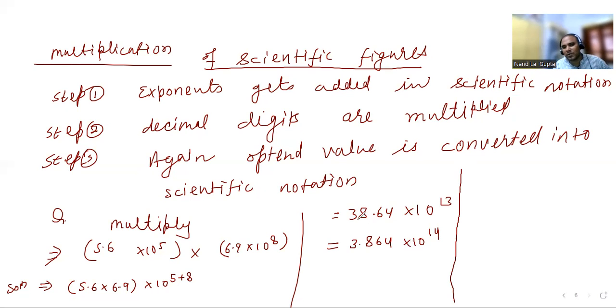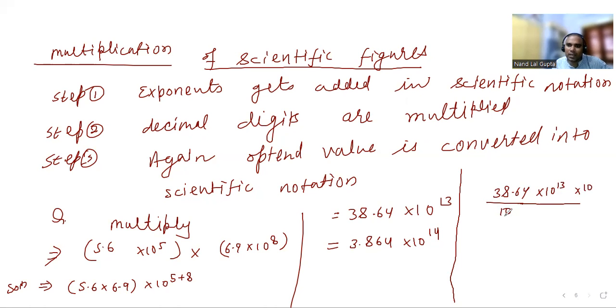To put the decimal after one digit, you need to divide by 10. 38.64 is there, so you divide by 10. Multiply by 10 power 13 is there. If you are dividing, you need to multiply also. Yes or no? So you simultaneously multiply and divide.